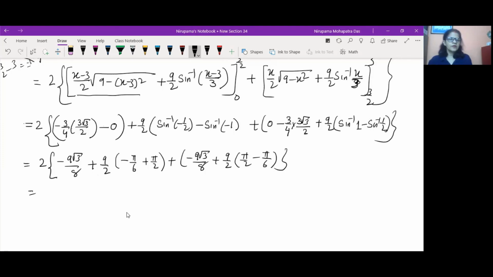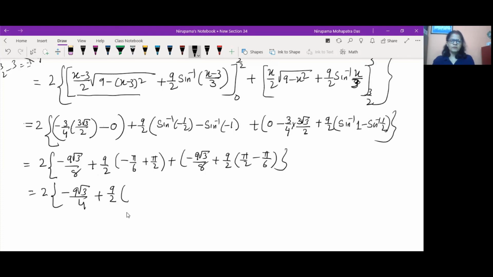So this is equal to twice of, now here you see minus 9 root 3 by 8, 9 root 3 by 8. So you are getting minus 9 root 3 by 4 plus, here it is 9 by 2, right? You are getting here pi by 3 and here also pi by 3.